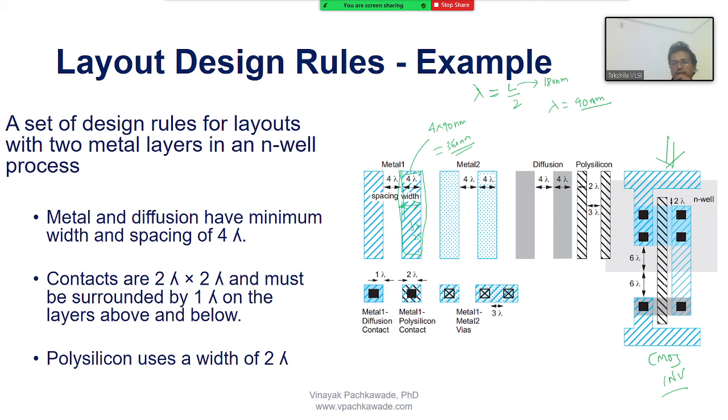Is that clear or not? Okay, sir. This is important for you because this is how you will estimate the area of your chip. This is a simple chip, let's say a CMOS inverter. If you understand this, you will be able to understand the estimate for a big chip, let's say a processor and all that.